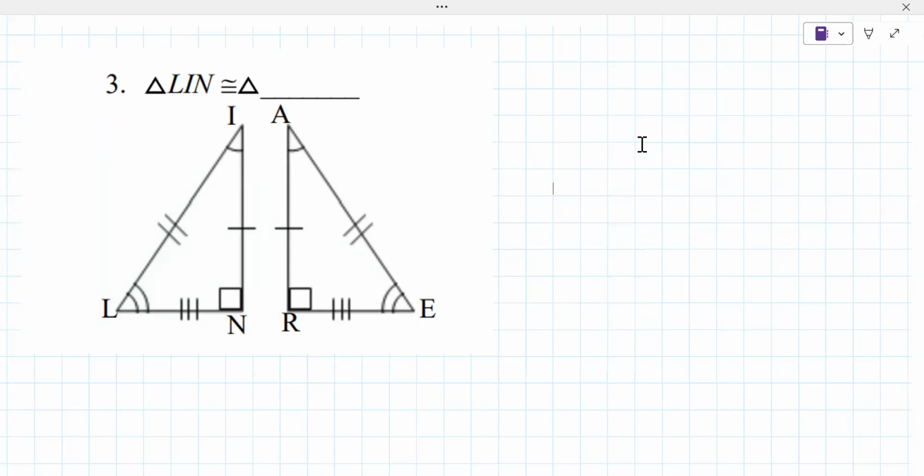Triangle LIN is congruent to triangle EAR.